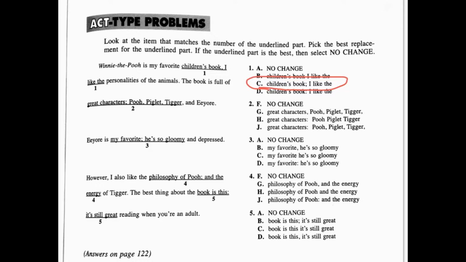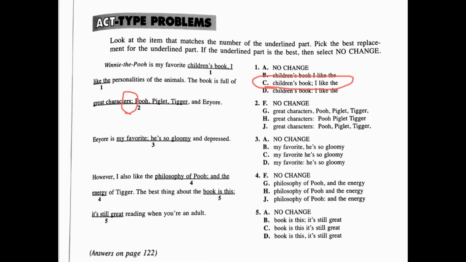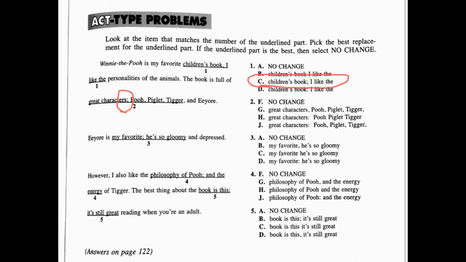Now, even for me, it's kind of hard to see, but that right there is a semicolon. And if we have a list of things, we know that we need a colon because we have an independent clause with a list. And there it is.